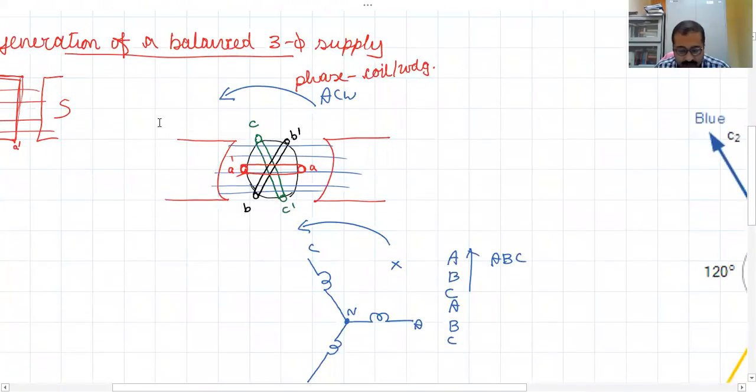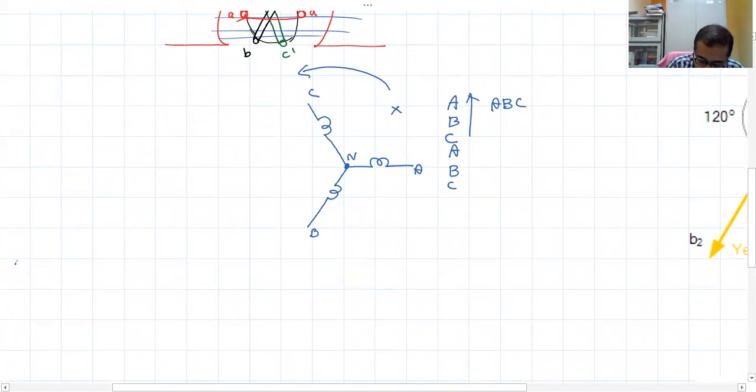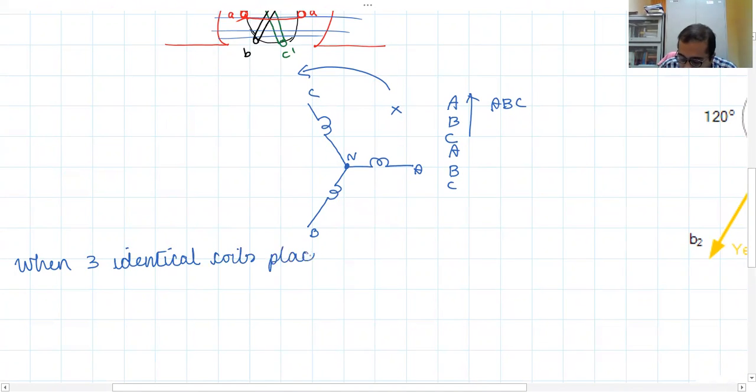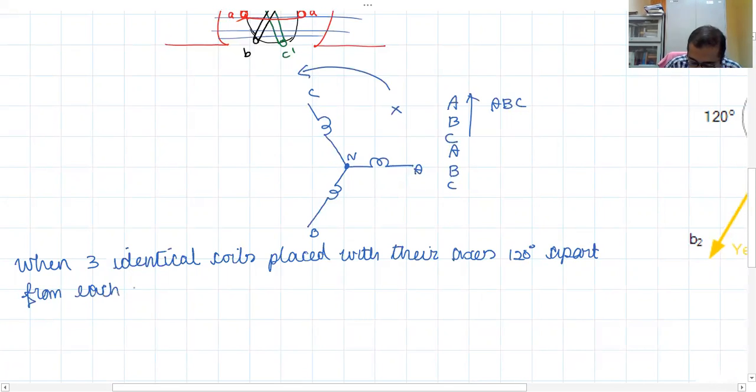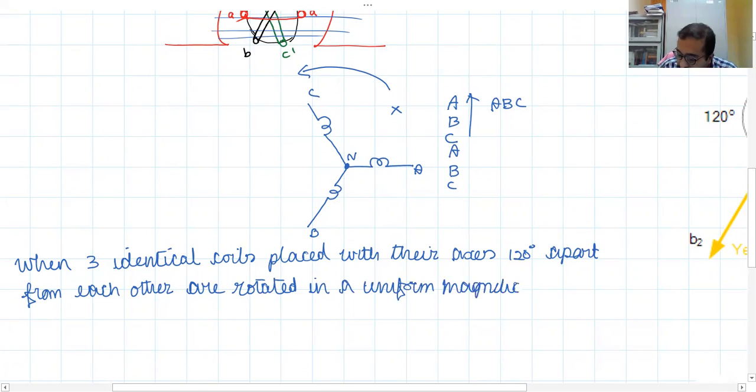Let me write something here. When three identical coils placed with their axis 120-degree apart from each other are rotated in a uniform magnetic field, a sinusoidal voltage is generated across each coil.